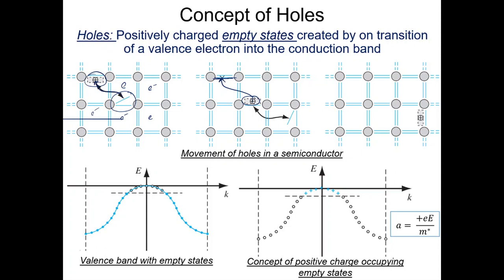So you can think in this way that rather than an electron moving from this side to this vacant side, a positive charge actually moved from the vacant site to the previously filled site. So the movement of electron from one occupied state to another free state can also be seen as movement of these positive charges from free state to an occupied state.